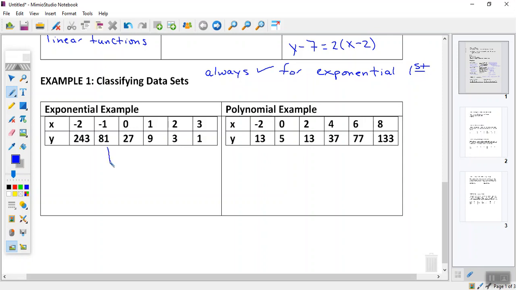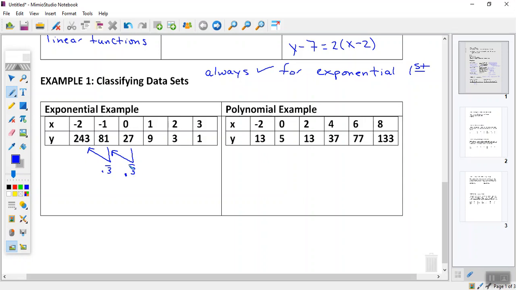Do this for me. In your calculator, do 81 divided by 243. 0.3 repeating. Now 27 divided by 81. 0.3 repeating again.